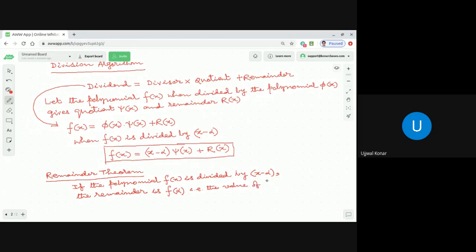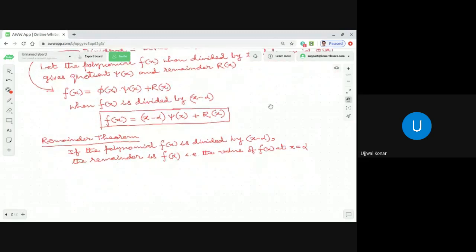That is the value of f(x) at x equal to alpha. So how is it obtained? Are you getting my point of what I'm talking about? Bhumika, absolutely clear? We'll take some examples, then it will be much clearer.